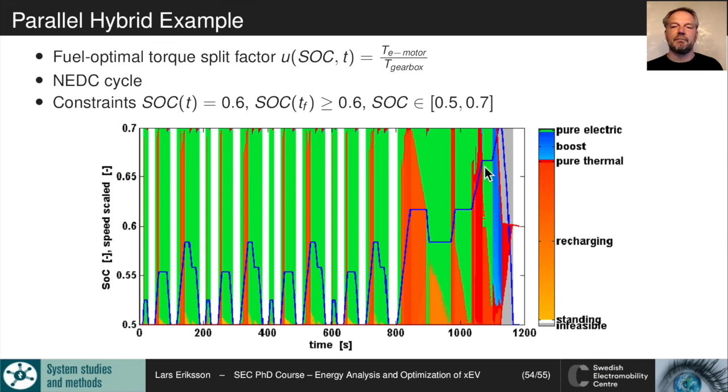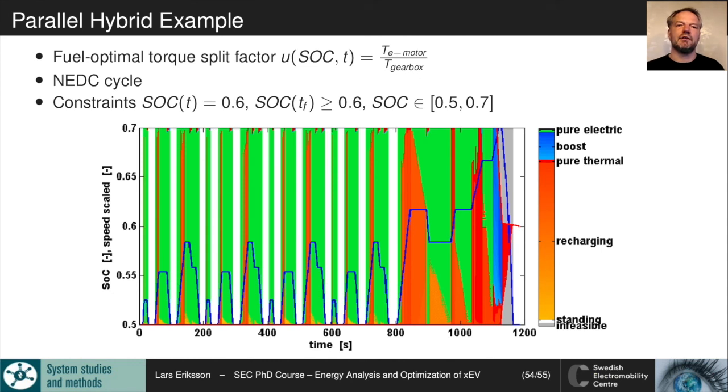So here up at the maximum points we do a little bit of load shifting, but at the maximum power point here we need to do some boosting to be able to perform acceleration at these high speeds to reach 120 kilometers an hour.